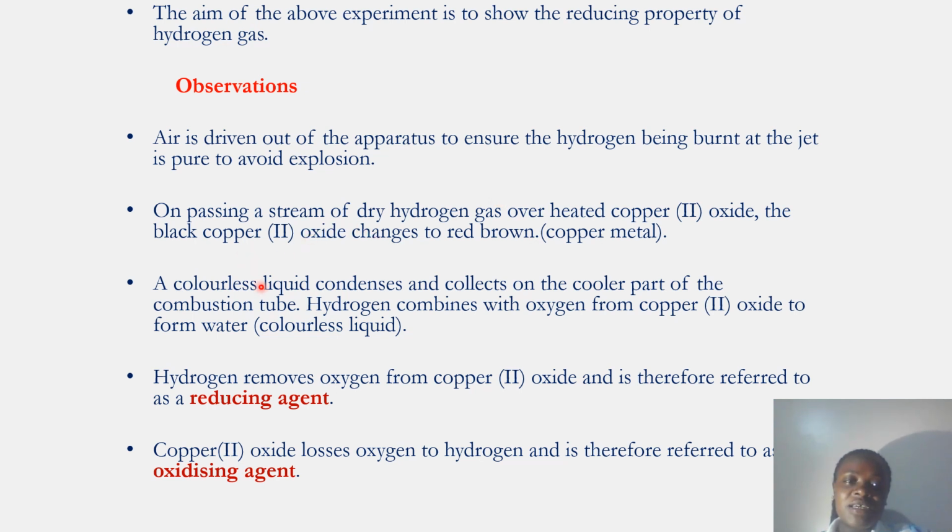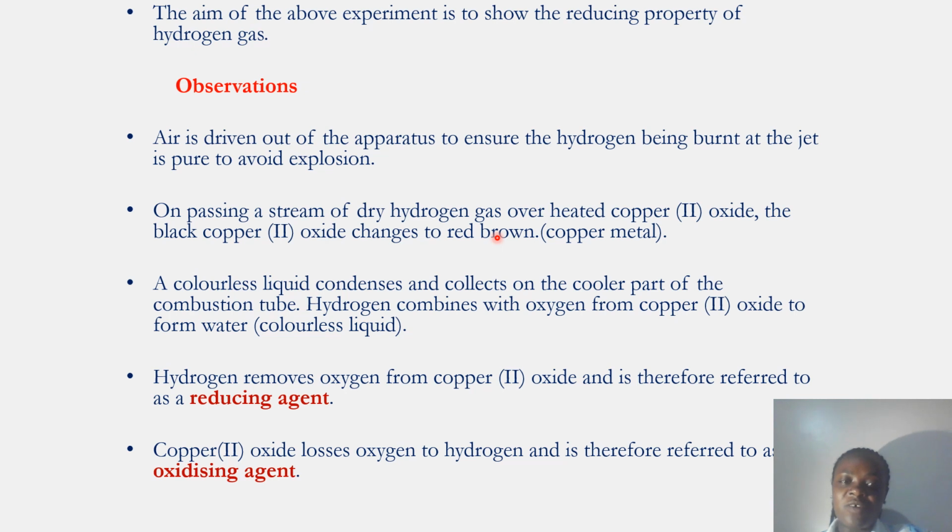Then, on passing a stream of dry hydrogen gas over heated copper-2 oxide, we said the color of copper-2 oxide will turn from black to red-brown. So, to indicate that the reaction has taken place, the color of copper-2 oxide will turn from black to red-brown.